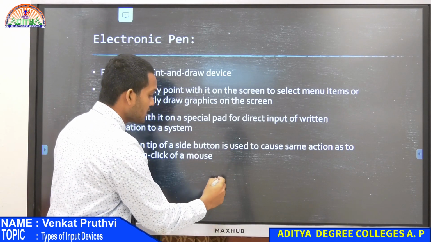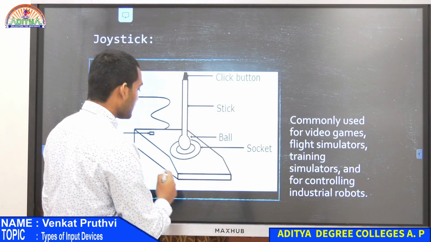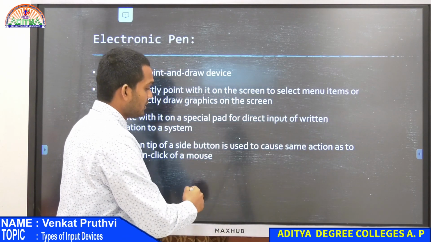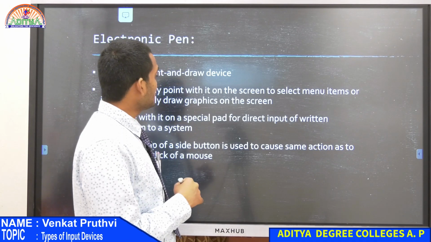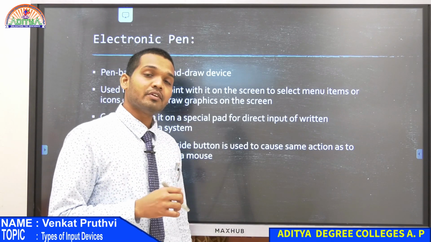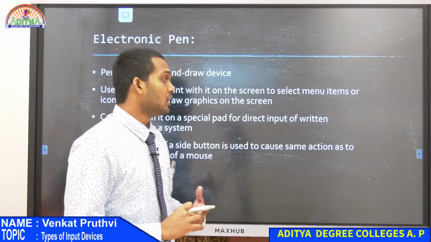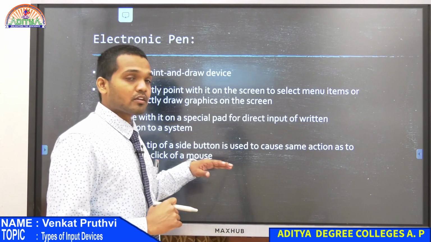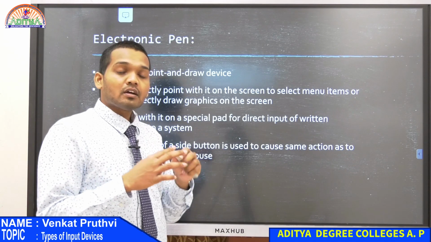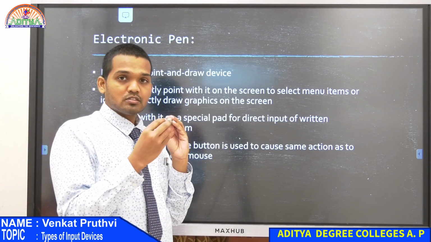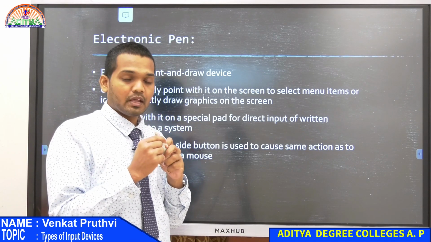Only if you have a touch screen are you able to operate on the screen. But these electronic pens were used previously when we didn't have touch screen technology. Even without touch screen technology, we were able to use the electronic pen. How is it possible? They had a laser beam technology embedded into this electronic pen.